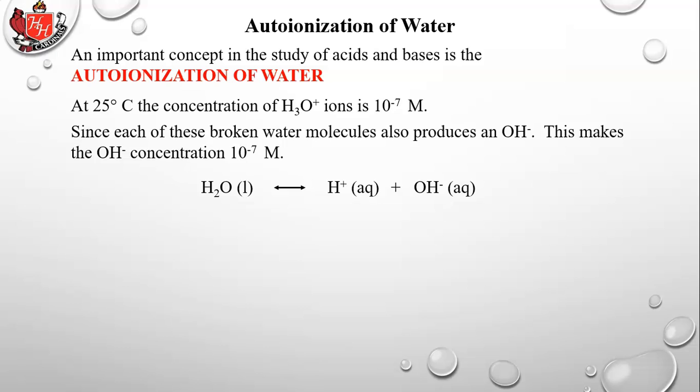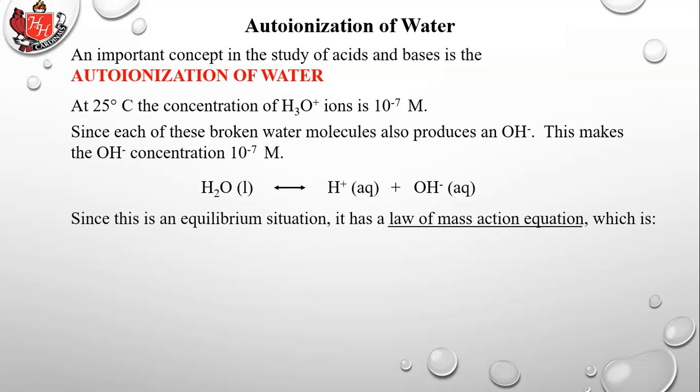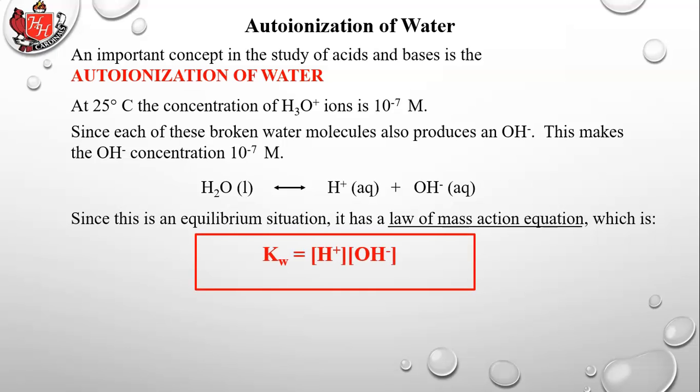So there is the formula. Since this is an equilibrium situation, it has a law of mass action equation, which is that. Look at that and convince yourself that the Kw, the equilibrium constant for water, is equal to that. It's the product side over the reactant side. So the products are hydronium and OH- in aqueous solution.